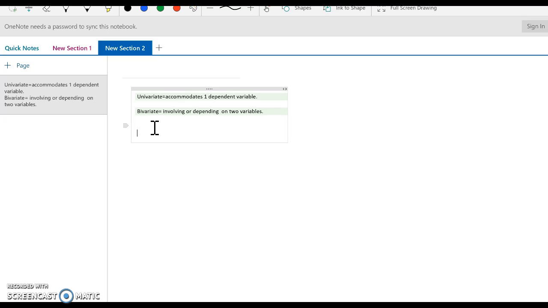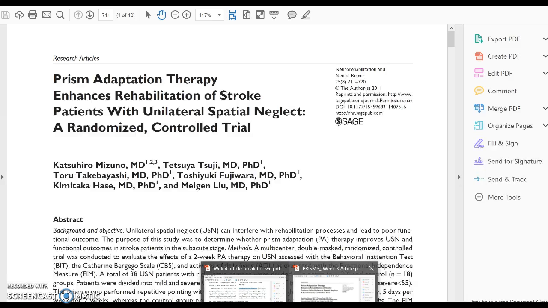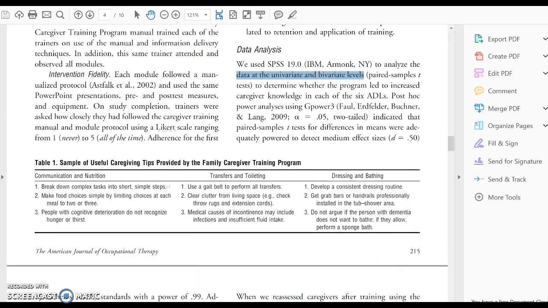That's all it's focusing on. One variable in a data set analyzed to describe a scenario or experiment. Bivariate looks at the relationship between two variables, and that can change and can be compared to find the relationship. Okay, so pointing out, again, why do we care about this, or why are they telling us this? Because they're telling us what kind of levels of data that they use.